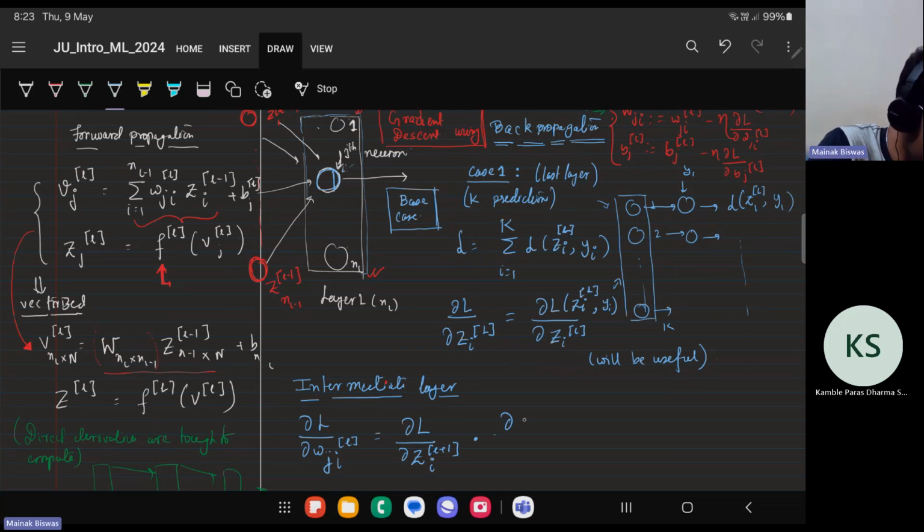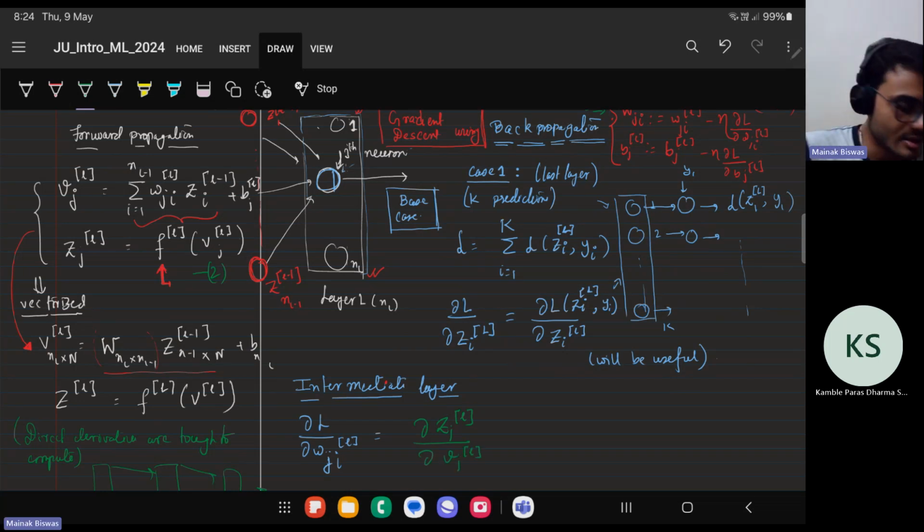So you can start off with dv. Let us start off with this equation. So if I can write dz_l / dv_j of l, then I write dv_j of l / dw_ji of l, right?